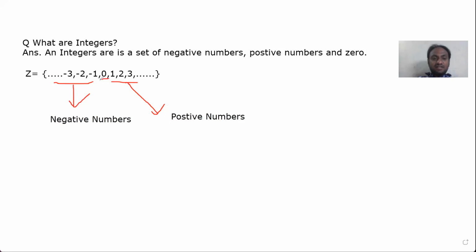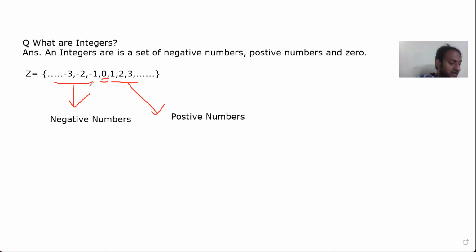So this is 0, which is considered a neutral number. So an integer contains positive numbers, negative numbers, and 0. This is called an integer.